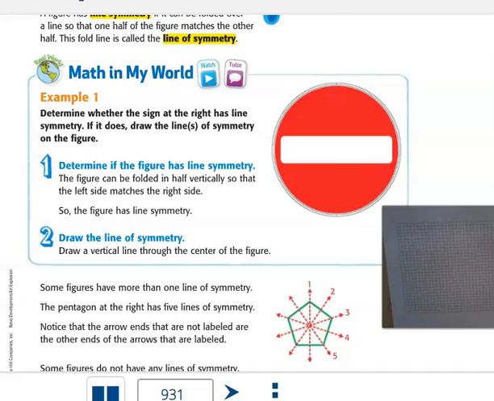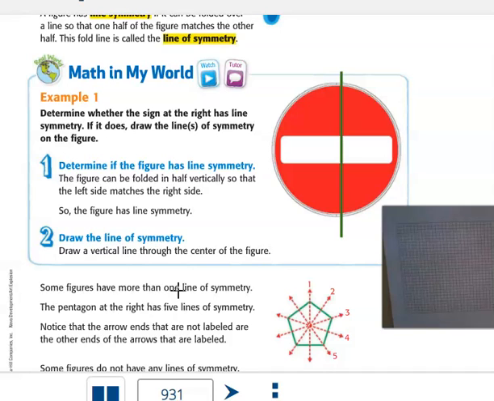It might have more than one line of symmetry. It can be folded vertically, and vertically is going up and down this way, so that the left side matches the right. Draw a vertical line through the center of the figure. I made it a little off center, but that's how that should be done.